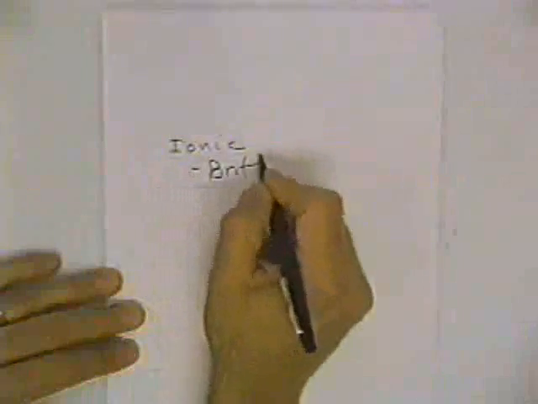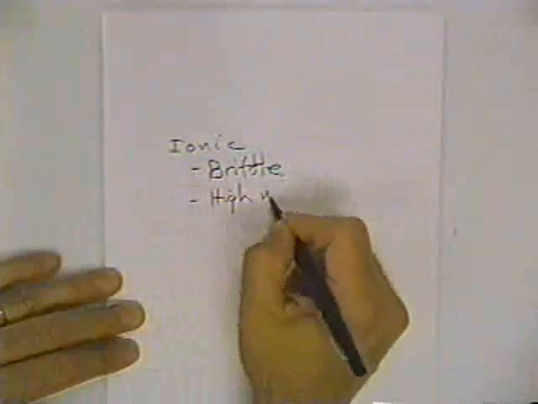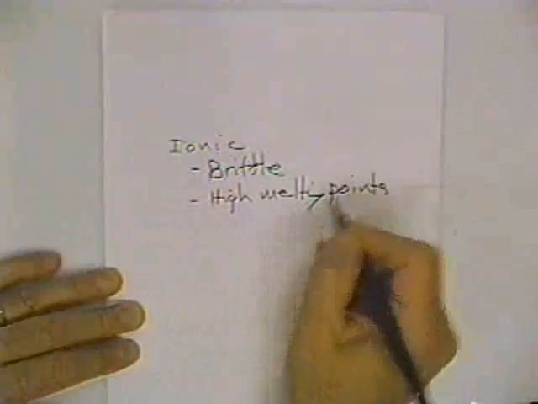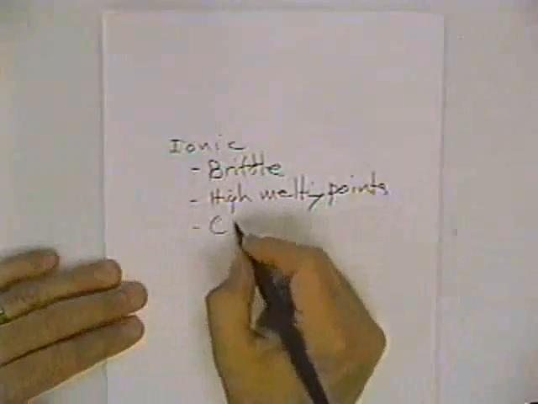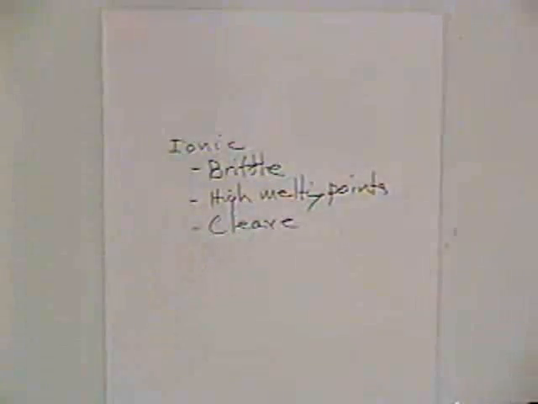Some characteristics of ionically bonded materials would be that they typically are brittle, with high melting points. They cleave, similar to a diamond.